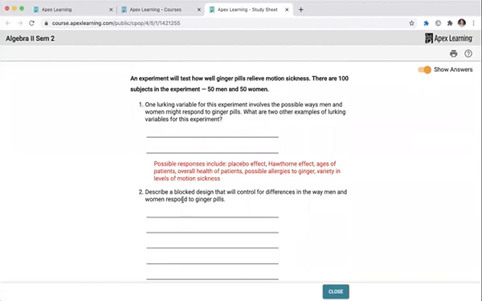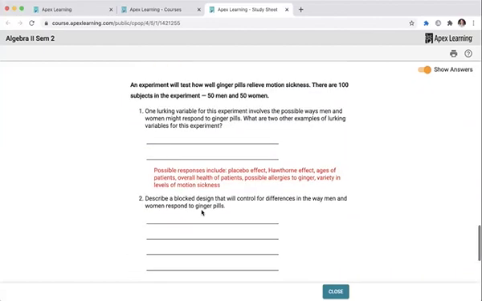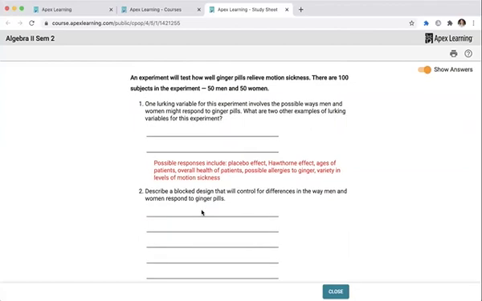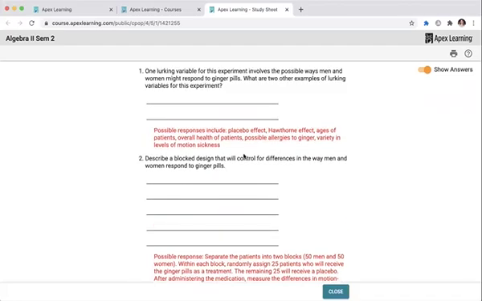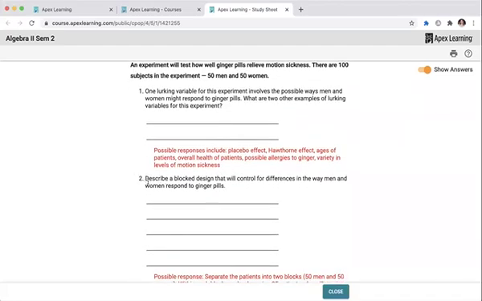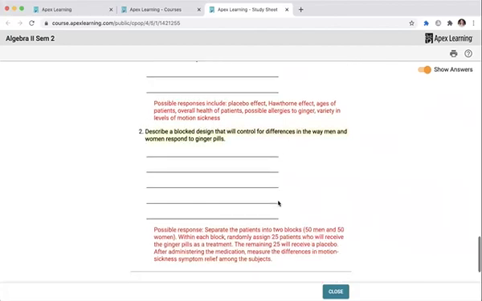And this one here is talking about a specific example. There are 100 subjects in the experiment, 50 are men, 50 are women, and you want to test how well ginger pills relieve motion sickness. It's going to ask you to answer some scenarios, and the one I want to focus on is: describe a block design that will control differences in the way men and women respond to the ginger pills.